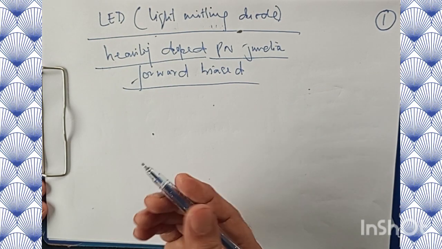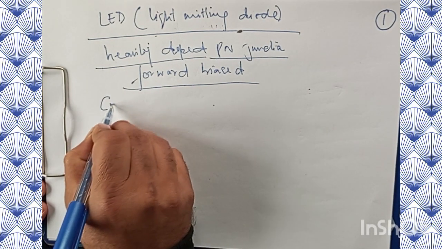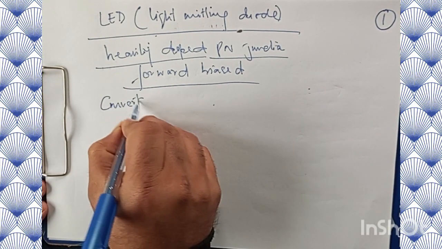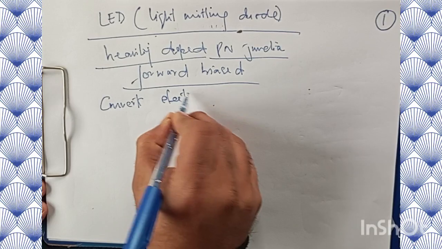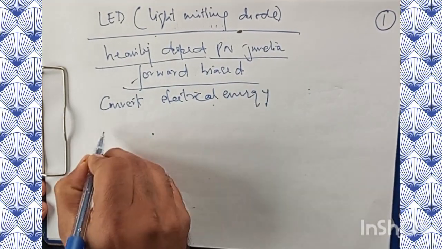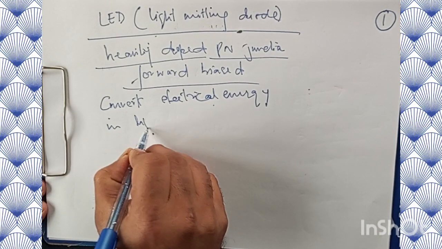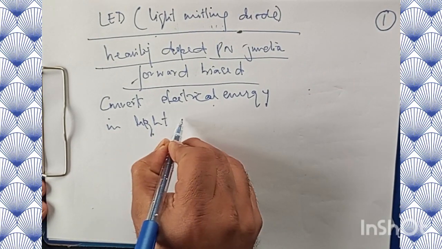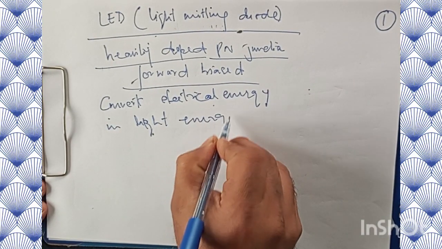So a light emitting diode basically converts what? Electrical energy into light energy. We can also say electromagnetic energy.